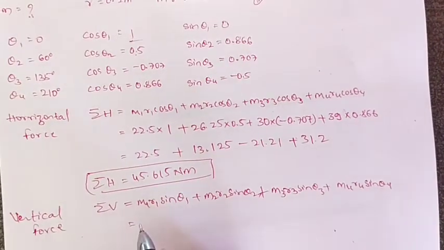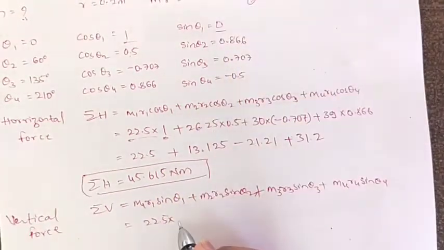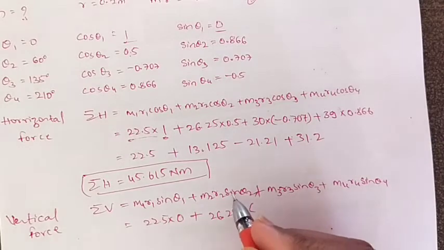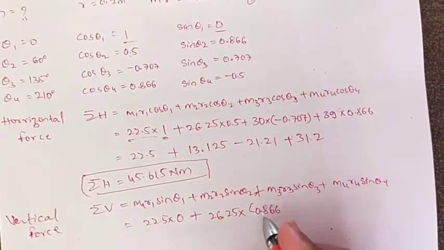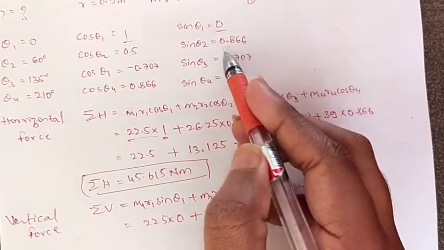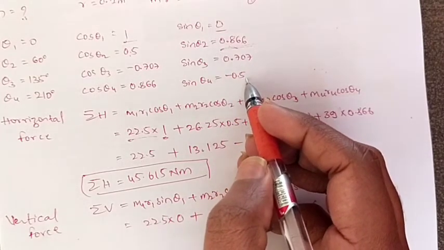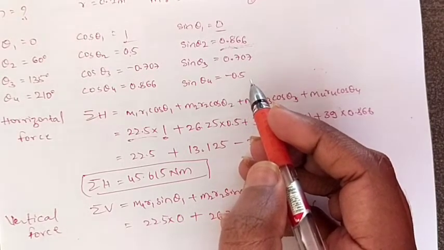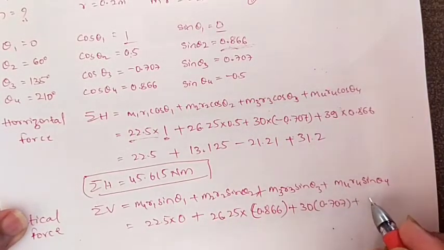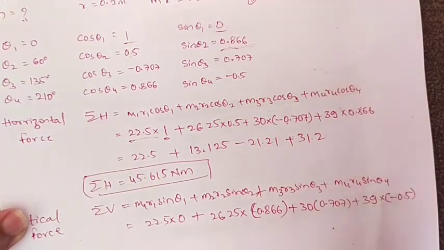Now m1 r1 is 22.5 into sin theta 1, which is 0, plus m2 r2 is 26.25 into sin theta 2, which is 0.866, plus m3 r3 is 30 into 0.707, plus m4 r4 is 39 into minus 0.5.